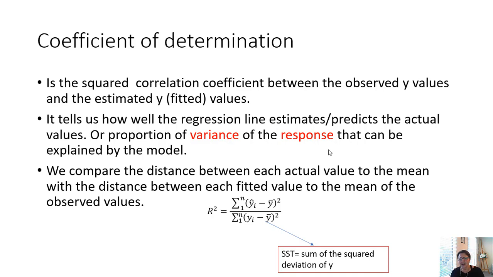So R squared, the coefficient of determination, is the sum of (y hat i minus y bar) squared, which is the squared difference between the fitted value and the mean, divided by the squared distance between the observed value and the mean for the response variable. And this bottom bit is called the sum of the squared deviation of y.